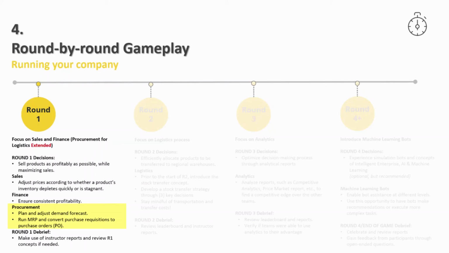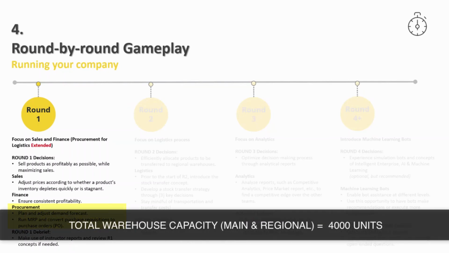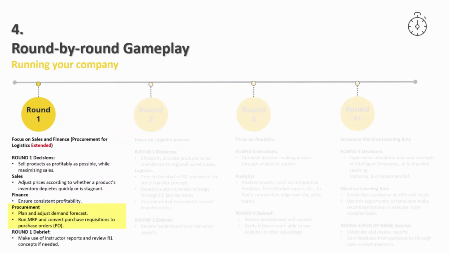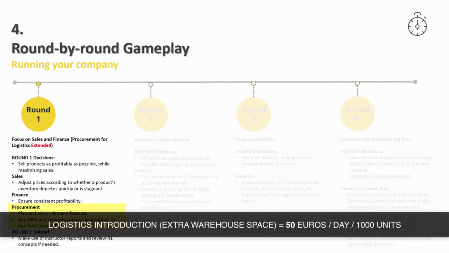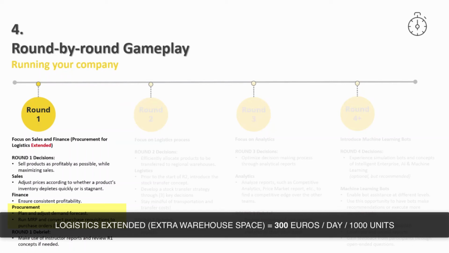The warehouse capacity in both versions of the logistics game is 4,000 units, which includes the main warehouse and all 3 regional warehouses. The penalty of exceeding this limit is a daily storage fee for every additional 1,000 units above the capacity limit. In Logistics Introduction, the daily fee is 50 euros, whereas in Logistics Extended, teams will be charged 300 euros per day.